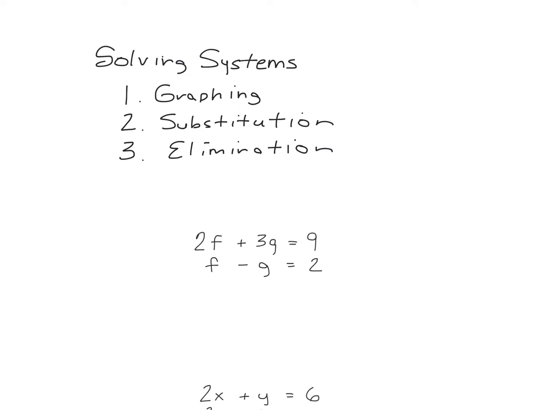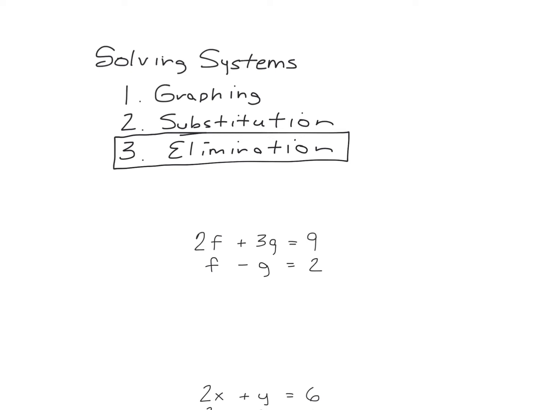Easy to use if it's very easy to get a variable by itself, or if you already have one by itself. And today's method, which personally is my favorite, is elimination. So the idea of elimination is taking a system of equations and trying to eliminate a variable by doing multiplication with addition.